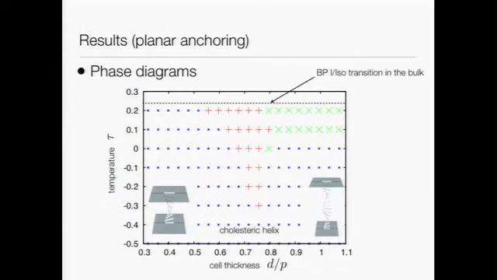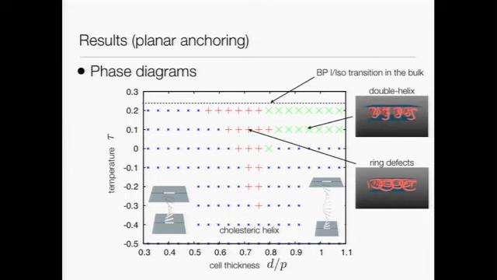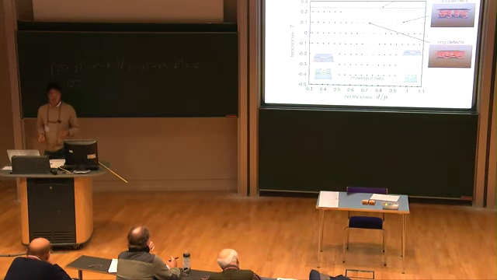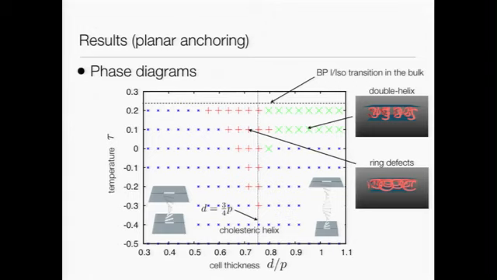Yeah, and again, I'm also drawing a phase diagram in terms of cell thickness and temperature. And so in the blue regions, just a simple cholesteric helix is stable, but in red and green regions, these exotic structures are stable. And also we can imagine that when the cell thickness is 3/4 of the natural pitch, the frustration is expected to be maximal, and the line of cell thickness 3/4 of the cholesteric pitch is like this.